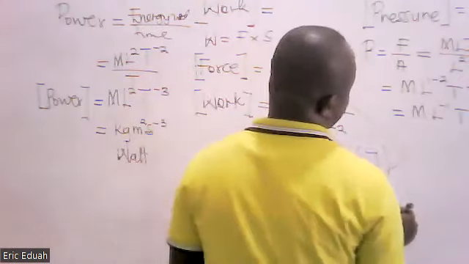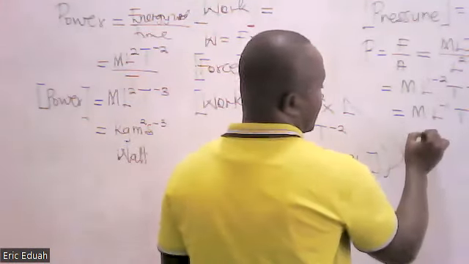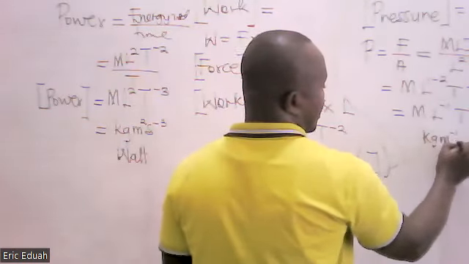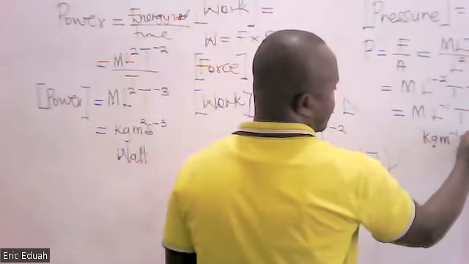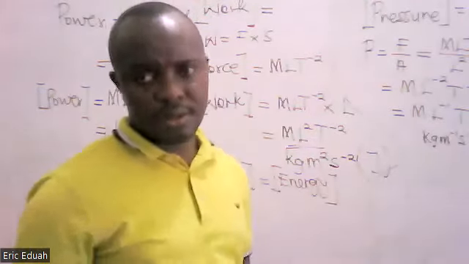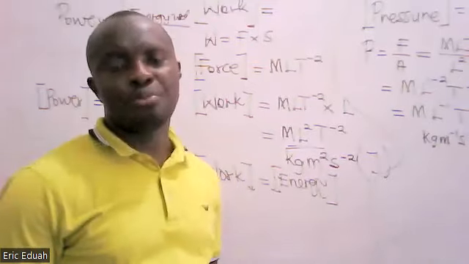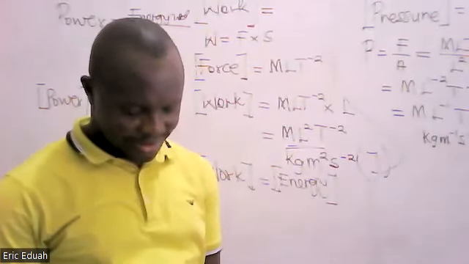The derived units will be kilogram per meter per second squared, which is also known as Pascal.